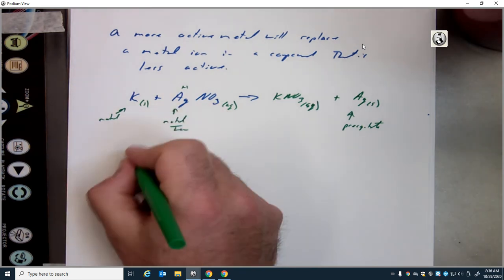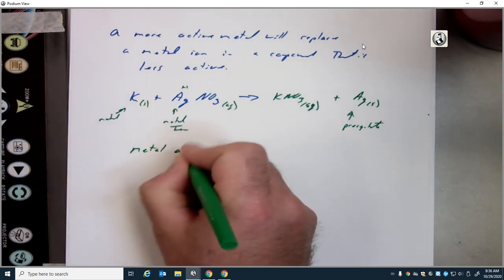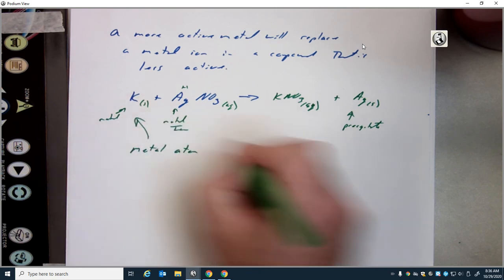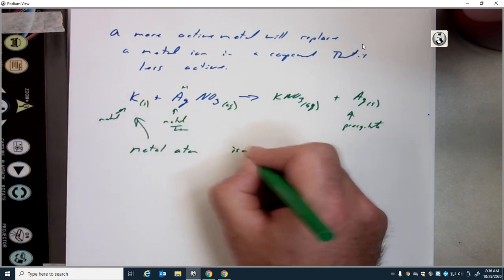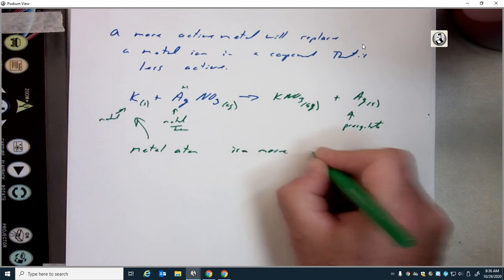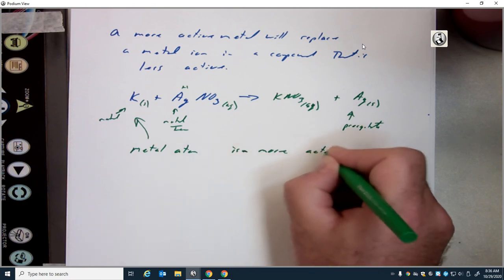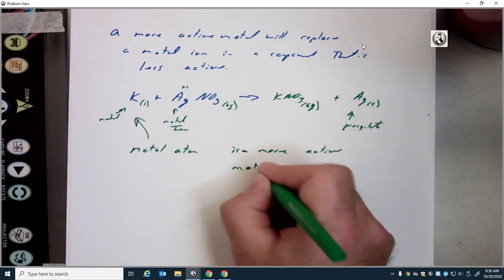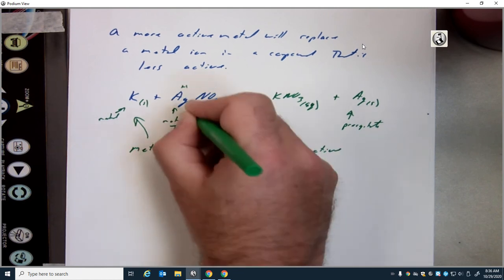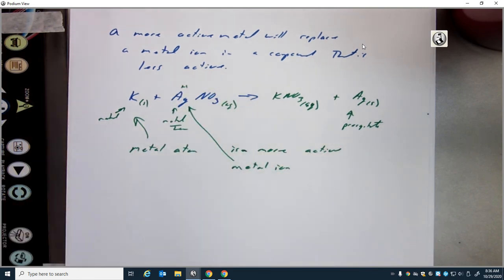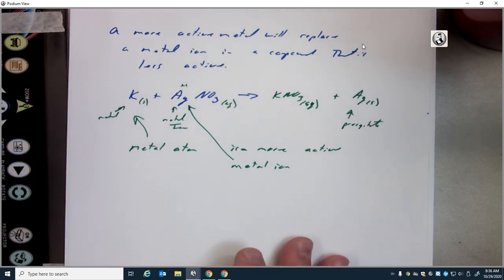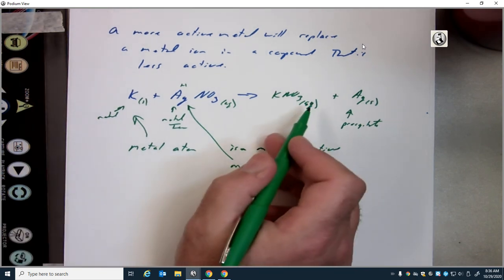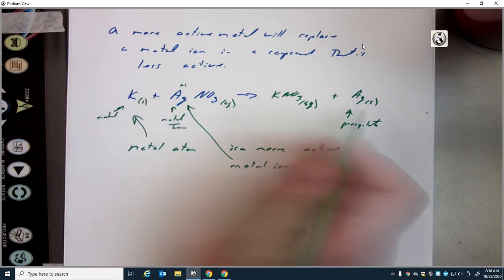So then in this case, my metal atom is more active than my metal ion. So the reaction happens. Now, the reverse reaction can't happen.